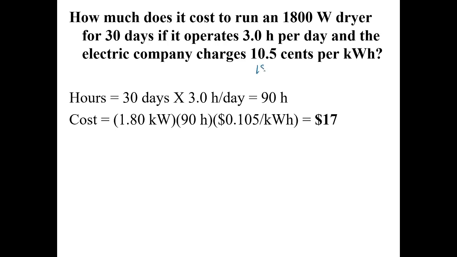Now the 1800 watts, I converted over into kilowatts. I divided by 1,000. Remember, we said work is power times time. So here's our power, here's our time. That'll get us how many kilowatt hours we use. And we're getting charged 10.5 cents, or $0.105 per kilowatt hour. So that's going to cost $17 to run that dryer for the month.